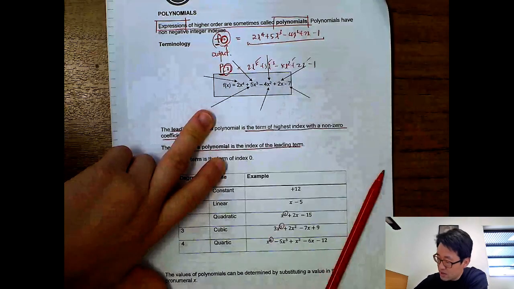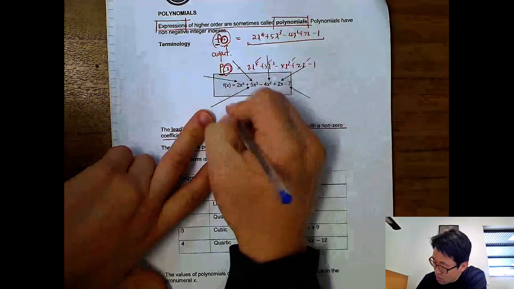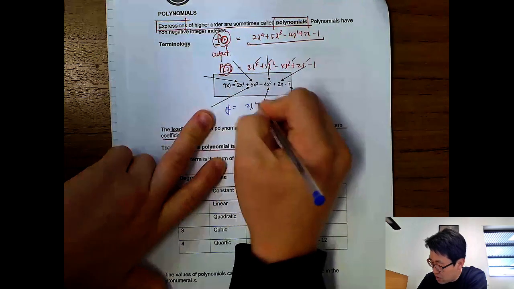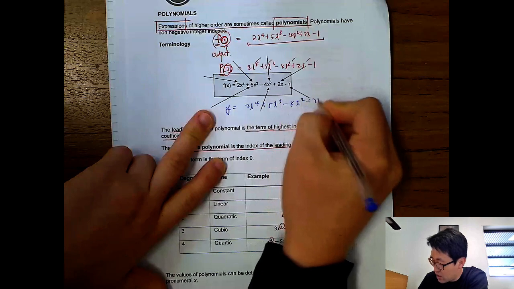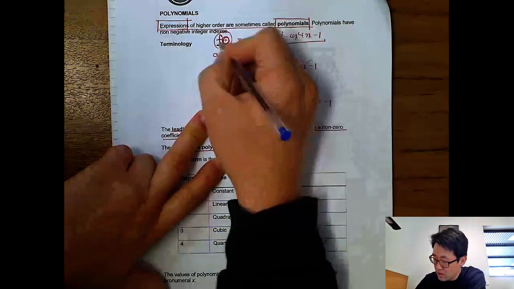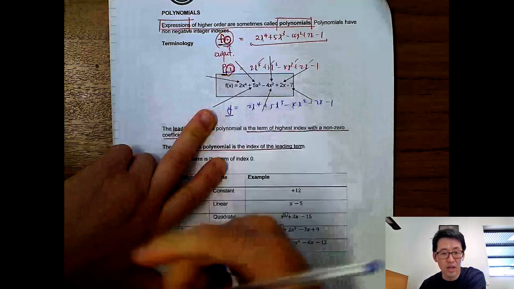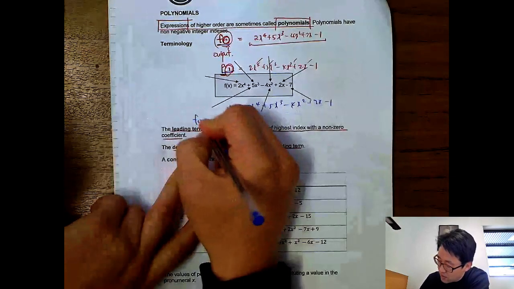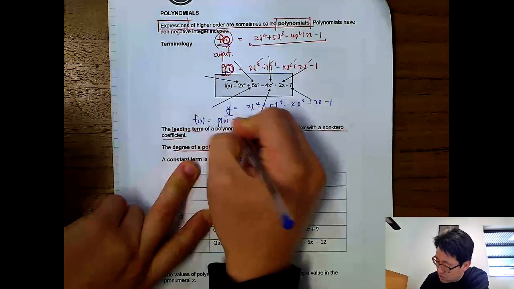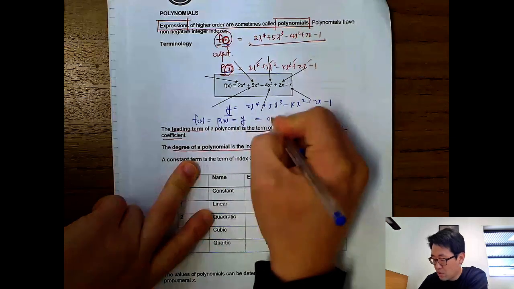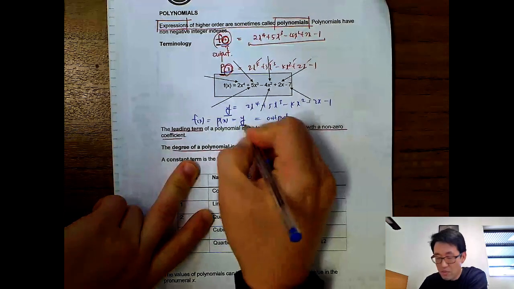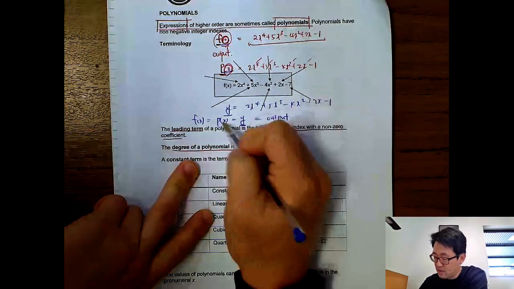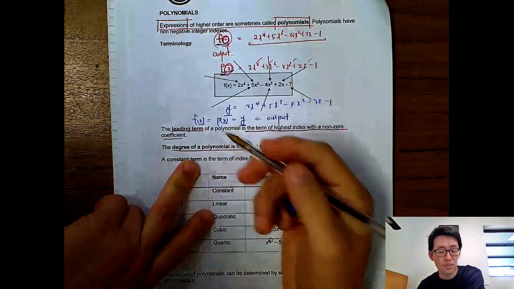That's also the same as y equals 2x power 4 plus 5x cubed minus 4x squared plus 2x minus 7, the same thing. So I can write down either f(x), p(x), or y, they're all the same. F(x) depends on the situation. It means the output. Y depends on what? X. That's how you express it.